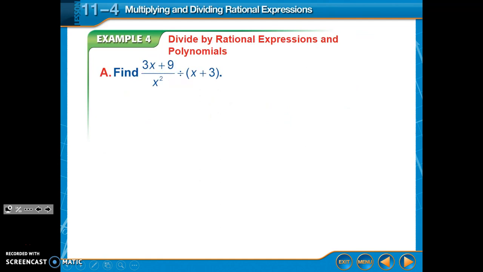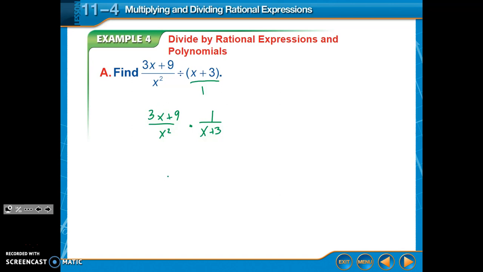Okay, so if I want to divide by this thing, I want to picture this. It's going to be the same thing as multiplying by the reciprocal. So if I want to find the reciprocal, I can picture it over 1. So this is going to be the same thing as 3x plus 9 over x squared times 1 over x plus 3. And I'm going to do this the same way I was doing previous problems. So I'm going to factor and cross out whatever I can.